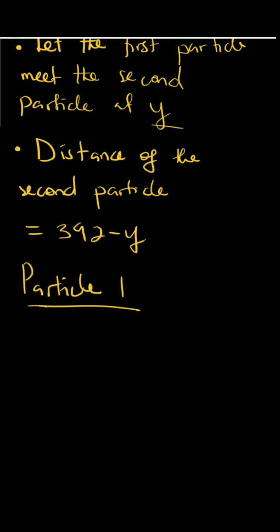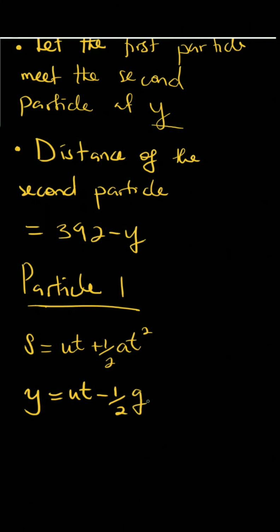This is how you calculate distance: s equals ut plus half at squared. Here s is the distance y, where particle 2 is meeting particle 1. So y equals ut, and since it's opposing the direction of gravity, minus half gt squared.